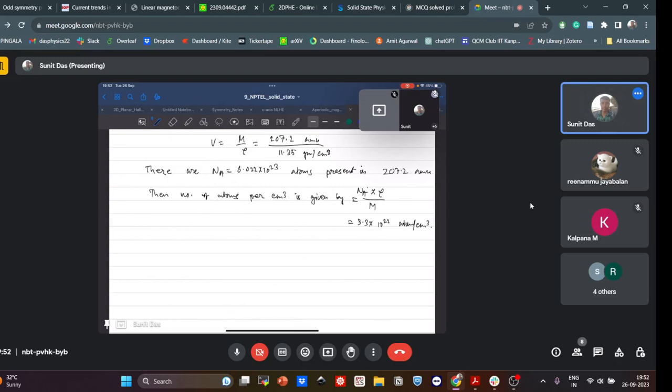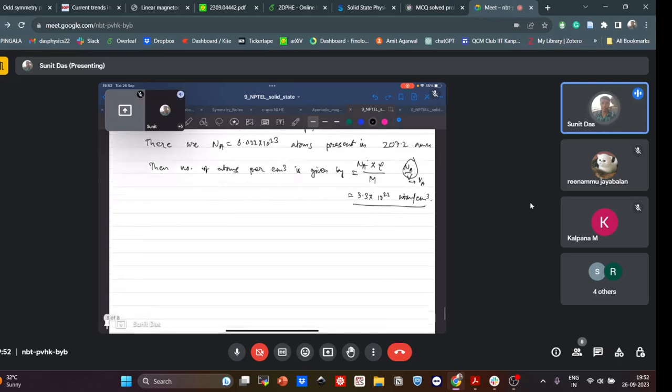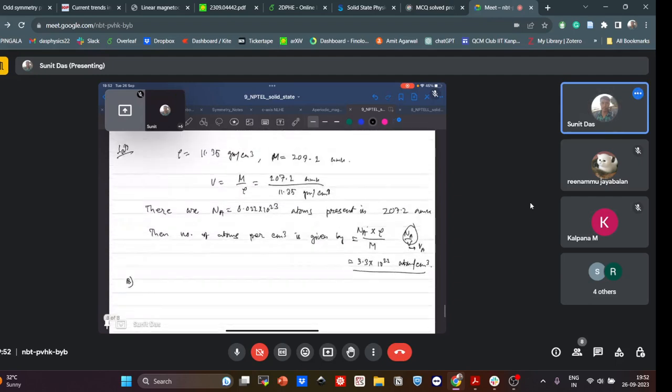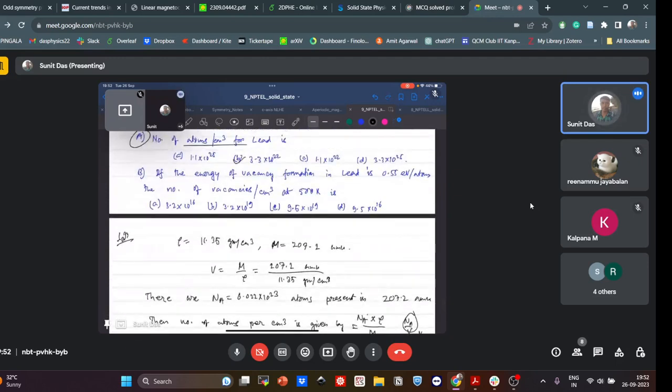So basically the formula is Na by V, where V is taken with regard to the atomic mass m. So the number of atoms per cm cube is this. Now finally part B. So 3.3 into 10 to the power 22.